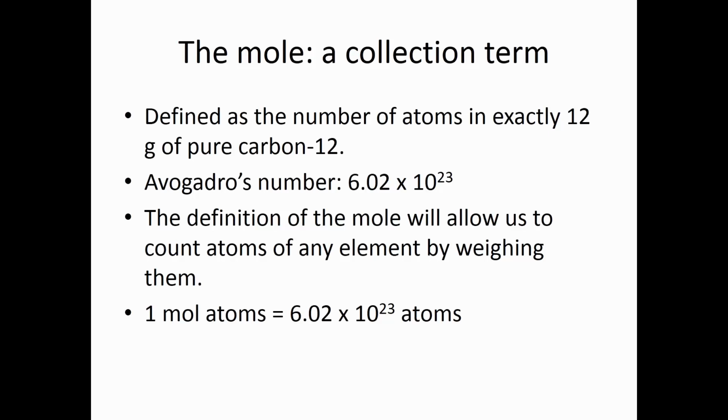This number is so big that we actually don't quite understand how big it is. I'll give one example of how big this number is. If we had, say, 1 mole of dollars and we had to somehow use up all that money.